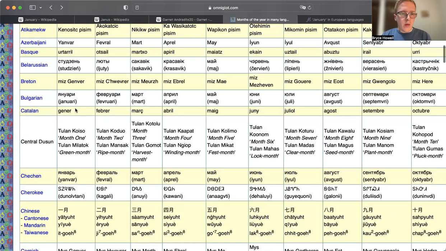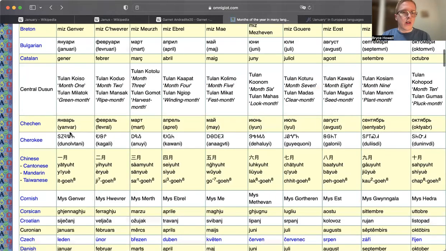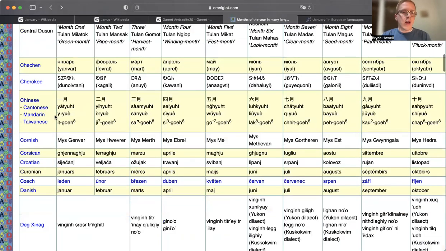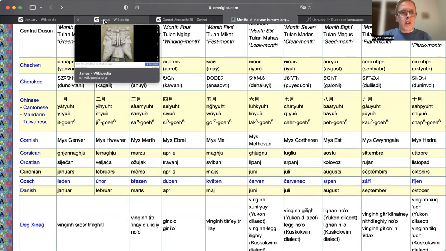Whereas other countries, for example, China, which uses a different language system than languages such as English or German, things of that nature, these languages have a different word for January, and so the root isn't going to be quite the same.